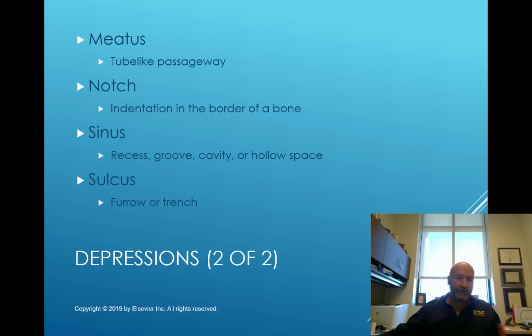A notch is just what it sounds like. A sinus is a recess or a groove or a cavity, a hollow place in a bone. The purpose of a sinus in a bone is a number of different things. One is to lighten the bone, but in the paranasal cavities it also helps with sound resonance.